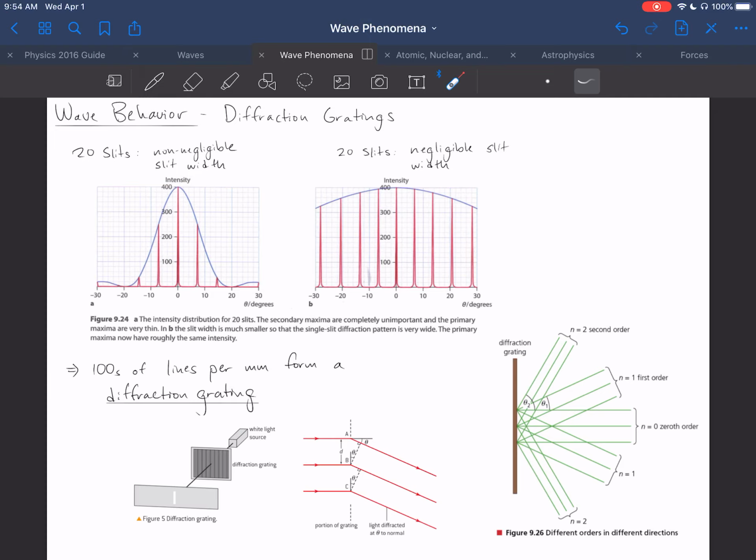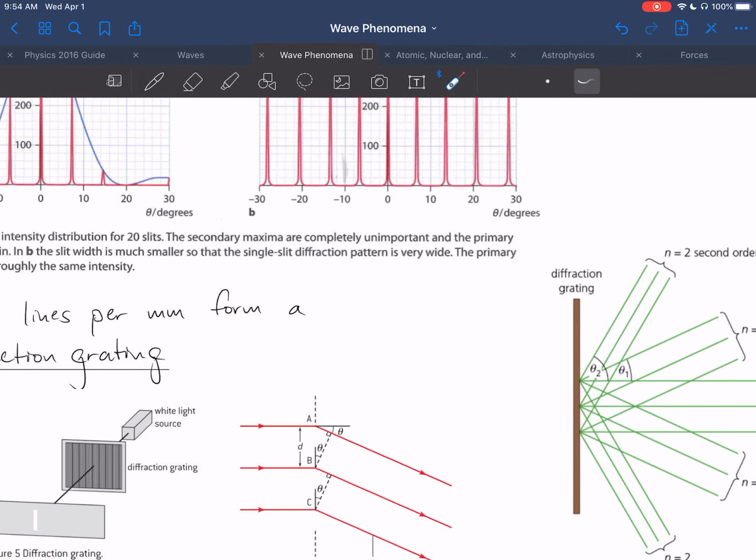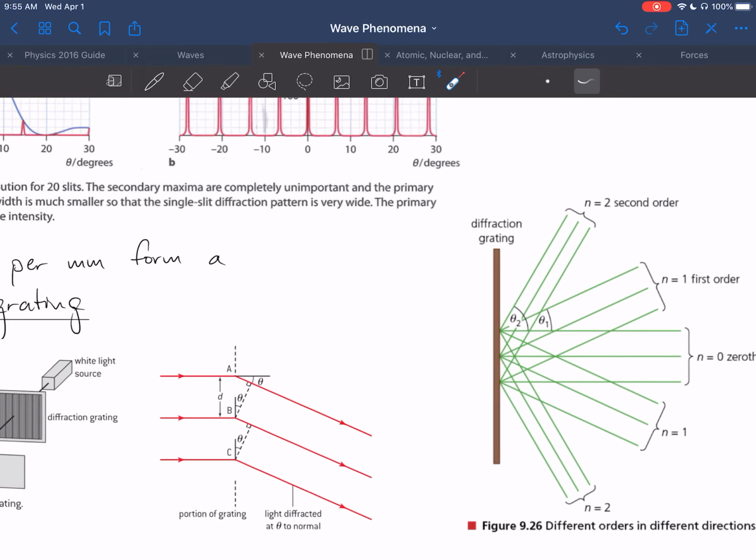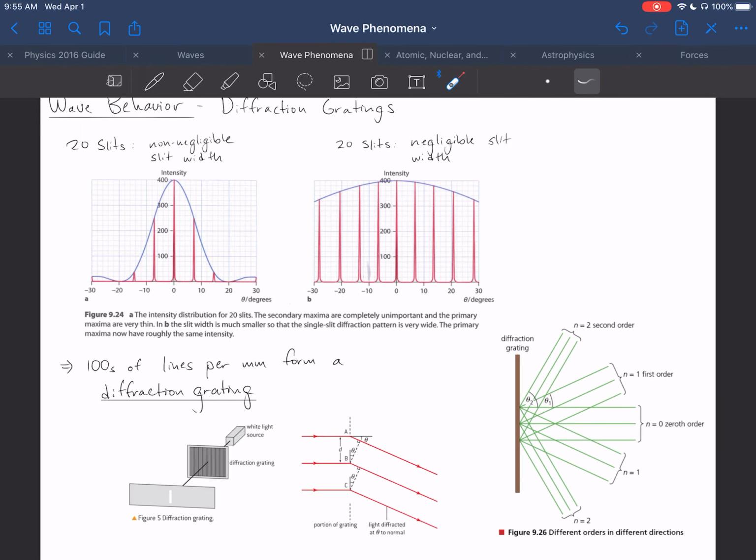And what happens for a typical diffraction grating is that all these effects that we were discussing add up. So you simply add up the double slit and triple slit and quadruple slit effect, etc., for hundreds of slits at a particular angle. And what you will see is these maxima at those predictable angles.